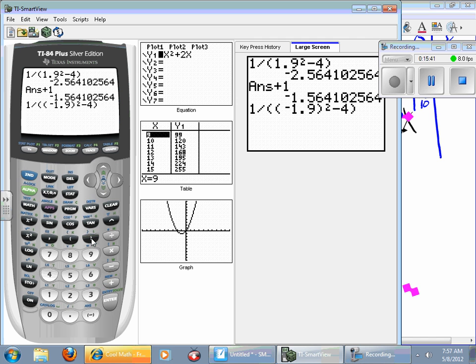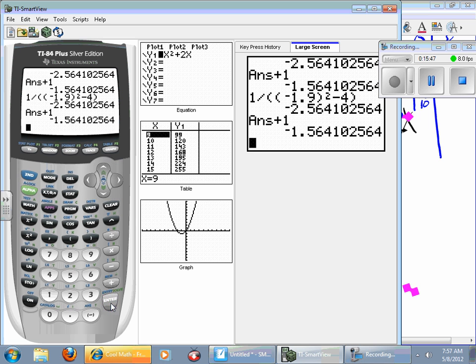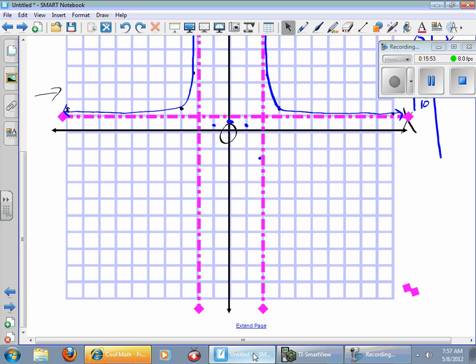Then I close my second quantity. Okay, and I can hit enter. I'm just worried about the calculator's misunderstanding, so I'm going to add 1 in there. And look at that. I get some perfect symmetry going on, a negative 1.56. And so when I plot that one, it's going to end up being right about there. And then I can say, oh, this part of the graph is going to do something like this.